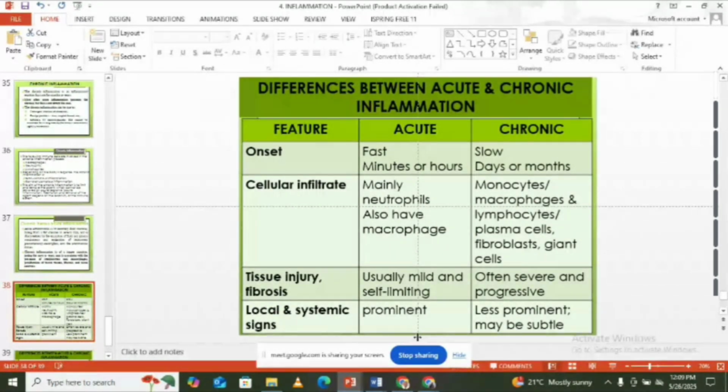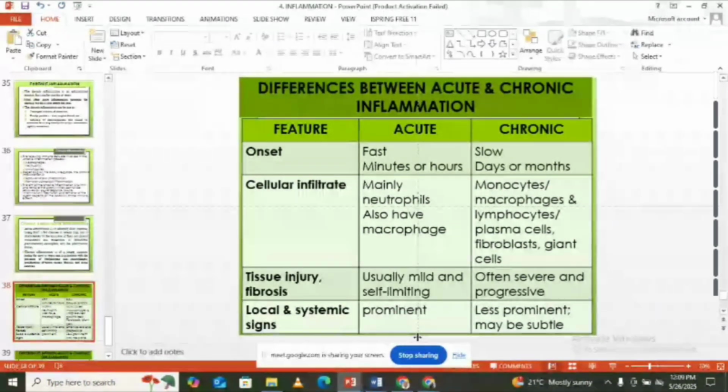If there are any local and systemic signs involved with acute inflammation, there is prominence of local and systemic signs. The fever is the most common sign of acute inflammation. So the fever, the headaches, the pain, they could always be manifesting.